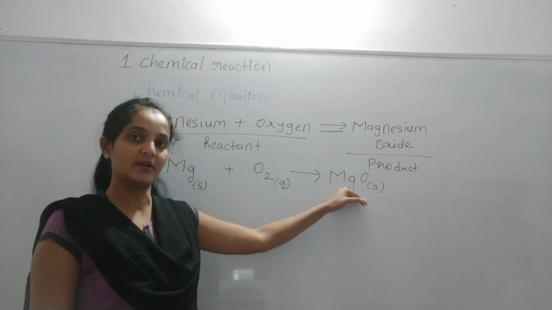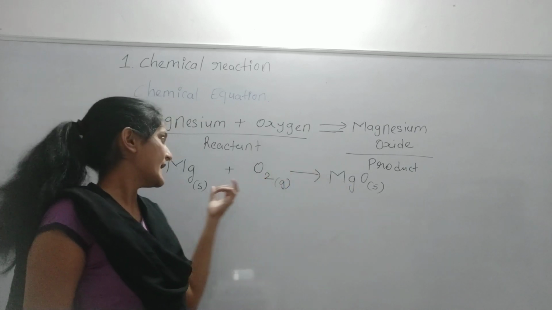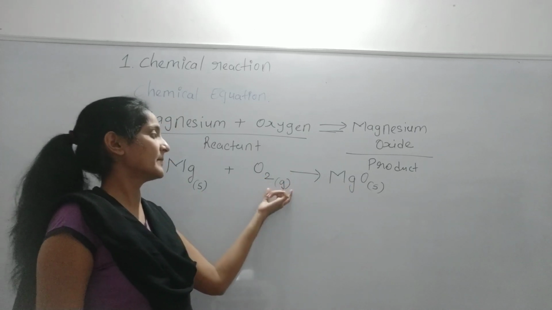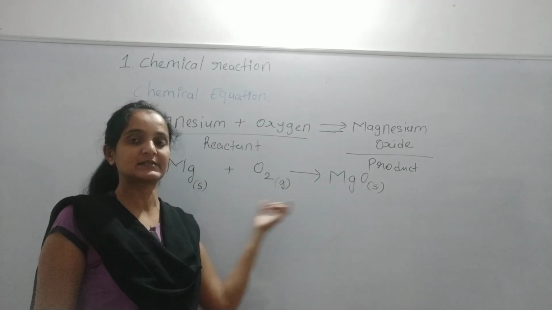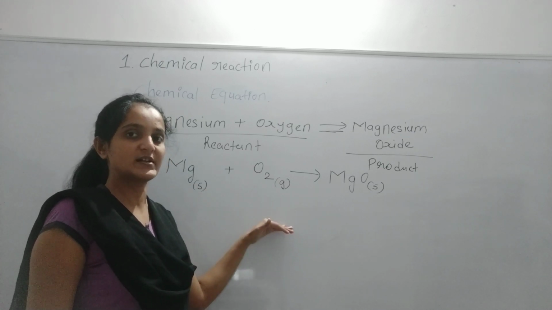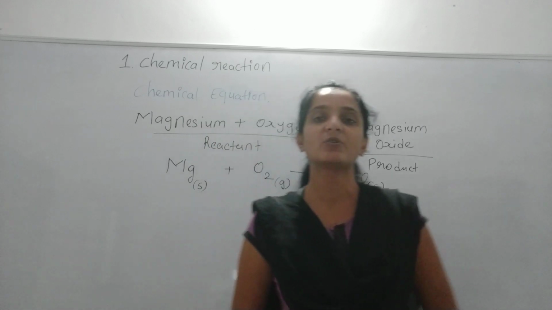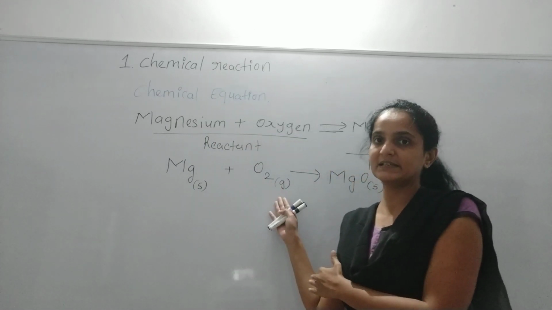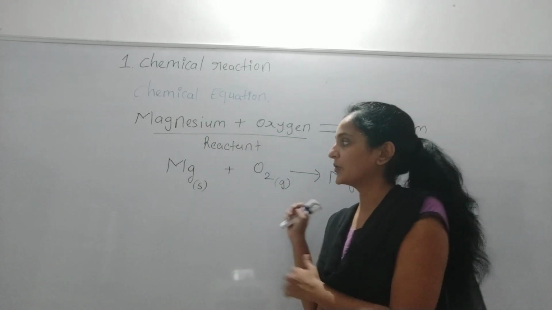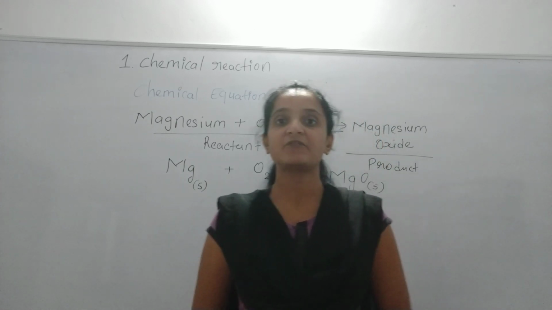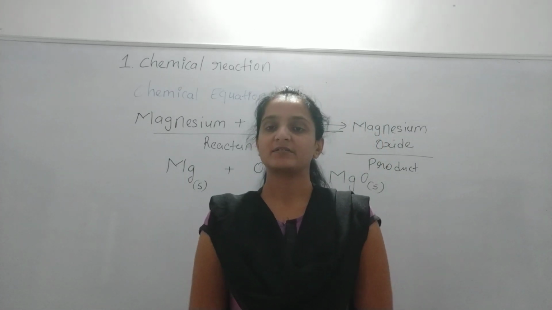And you mention the state in brackets in subscript form. So it can be considered a complete chemical equation. In our next session, we will see how to balance this reaction. Till then, stay safe, stay at your home. Thank you, viewers.